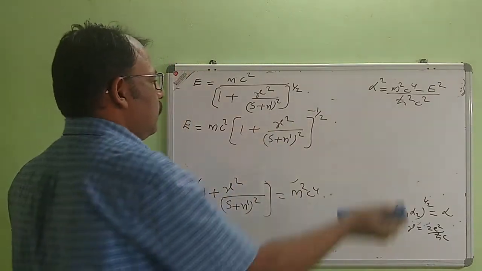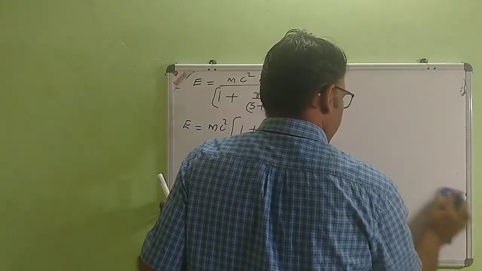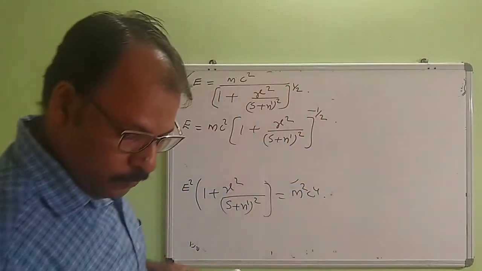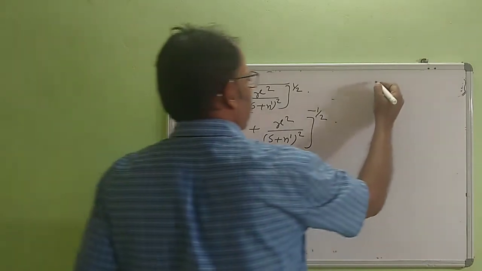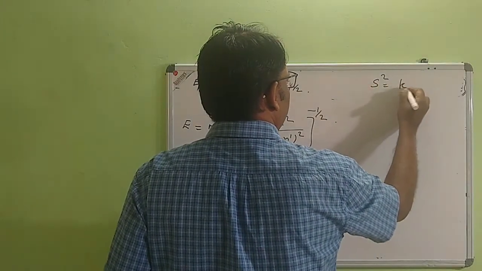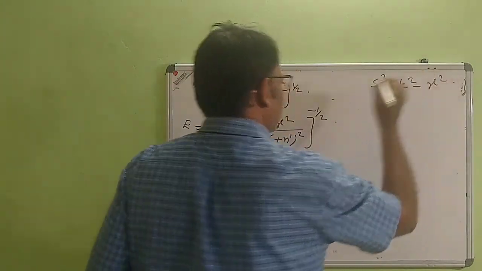Now we know the value of s. What is s square? We have already seen s square equal to k square minus gamma square.